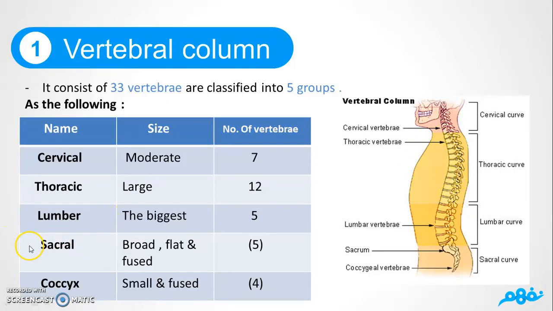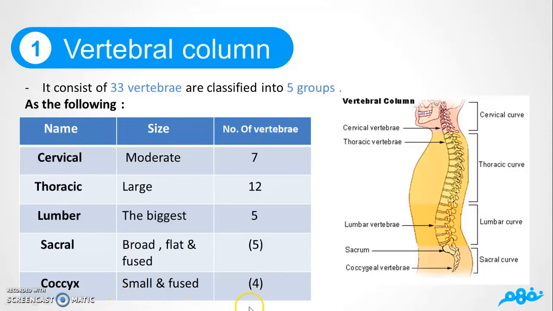What about the sacral and coccyx? In these 3, cervical, thoracic and lumbar, the vertebrae are free. But in the sacral and coccyx, they are fused. The sacral consists of 5 vertebrae, flat and fused.